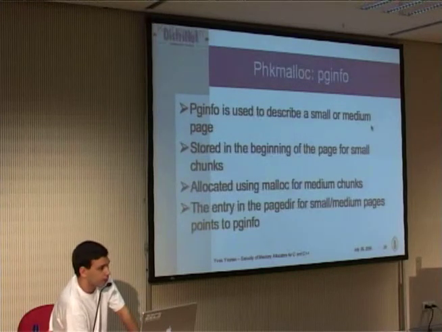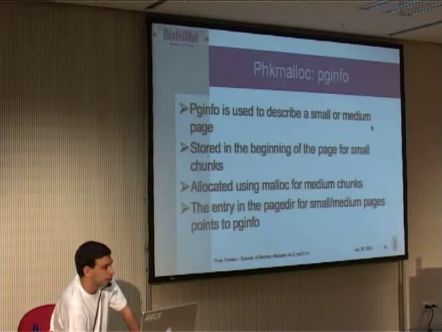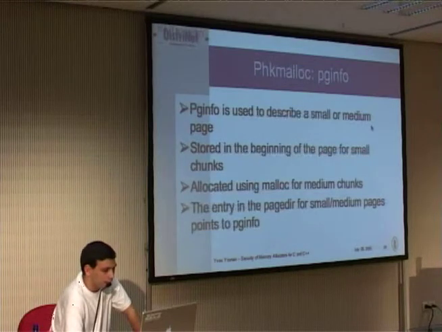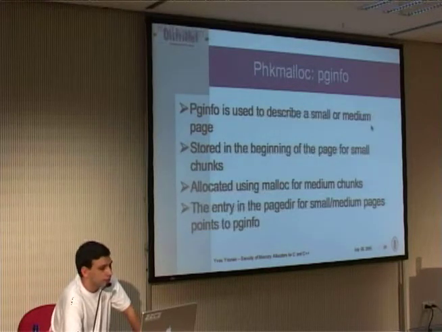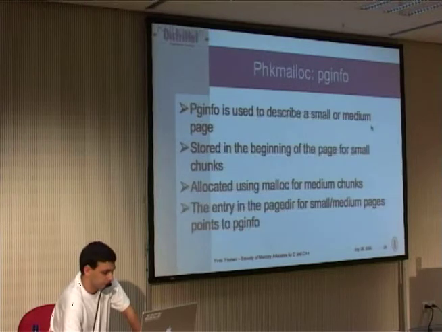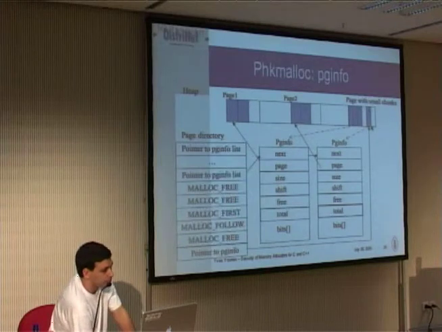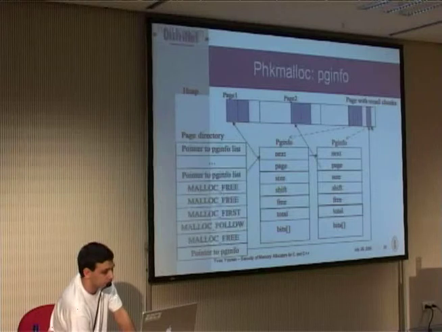So for every small or medium page, it stores a page information chunk, and for small pages, these are stored at the beginning of the small chunks. However, for large pages, they're stored again using malloc. And the entry in the page directory points to this page information. So another example. So we've got 3 pages here. Page 1 and page 2 are medium-sized, and page 3 contains small chunks.